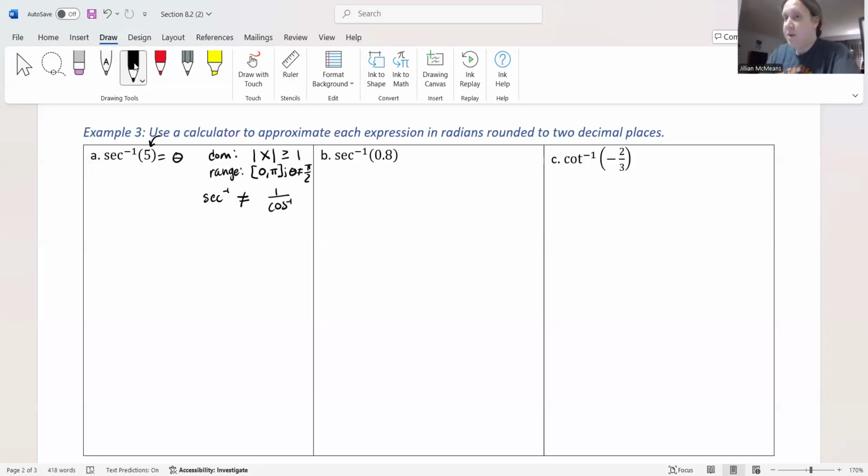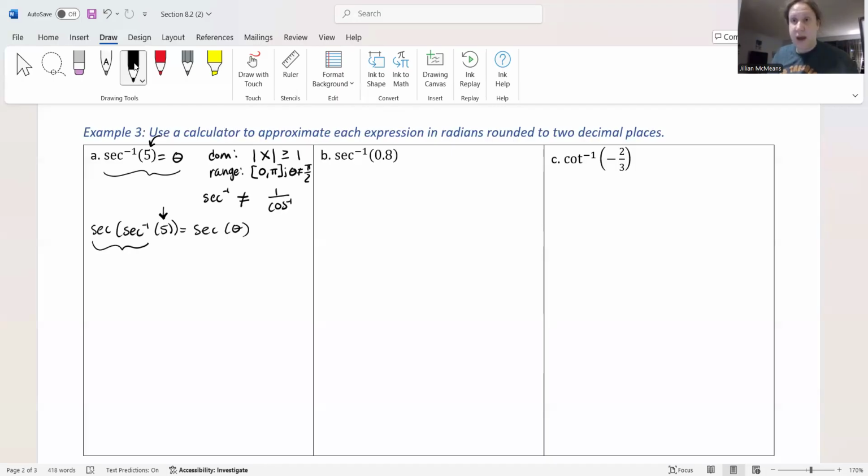So I'm going to start by taking regular secant of both sides of this. We get secant of inverse secant of 5 is going to be secant of theta. Well, the good news is because we double checked the domain and 5 is definitely part of the domain of inverse secant, we can just say that secant and inverse secant undo each other.